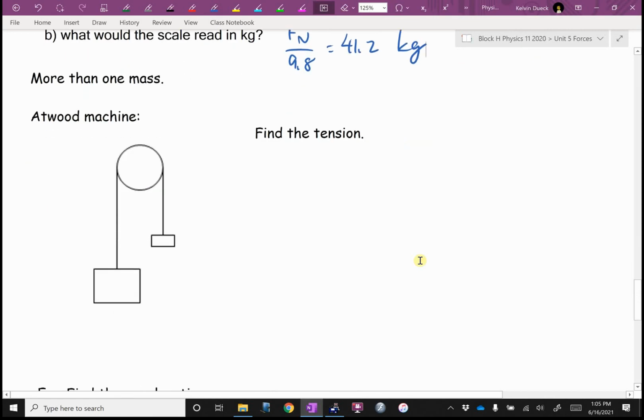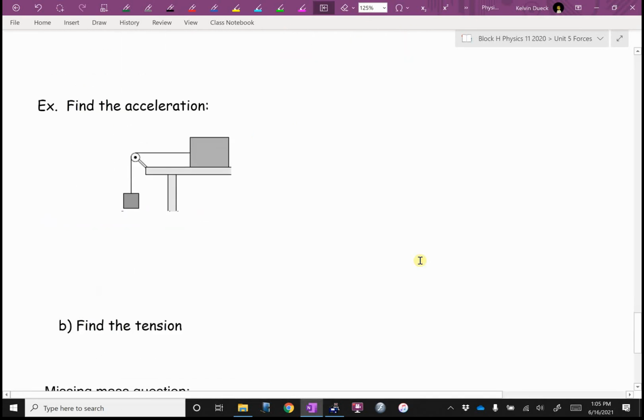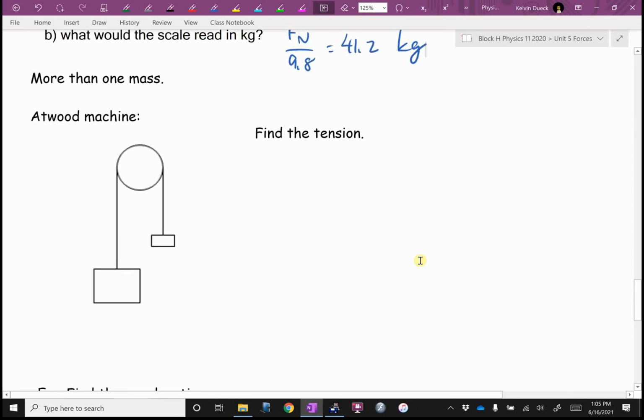And then many body problems. There's going to be an Atwood machine on your test, and there's going to be a mass hanging over a cliff like that on your test. And typically it's going to be find the acceleration and find the tension, or maybe I'll just ask you to find the tension. You're going to need to find the acceleration first. So here's an Atwood machine.